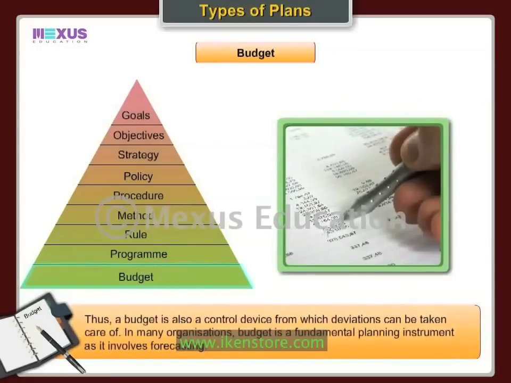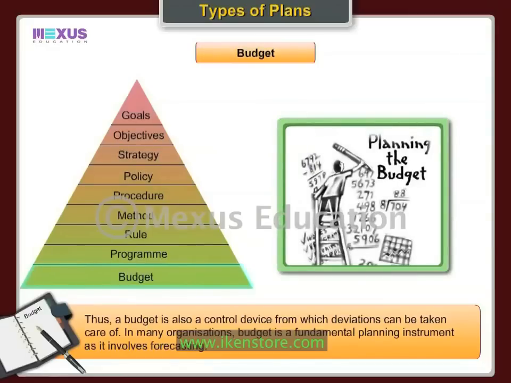Thus, a budget is also a control device from which deviations can be taken care of. In many organizations, budget is a fundamental planning instrument as it involves forecasting.